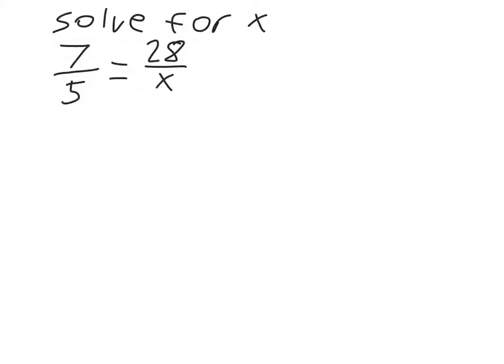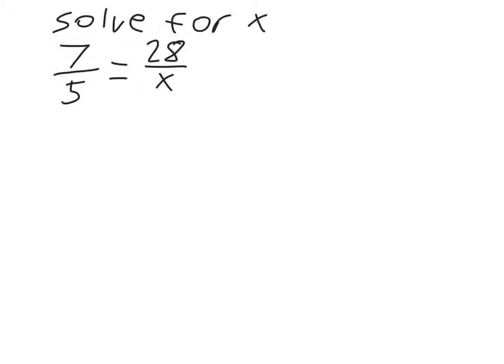So you can say 7 becomes 28 by the same factor that 5 becomes x. So what do you have to multiply 7 by to get 28? The answer for that is 4.